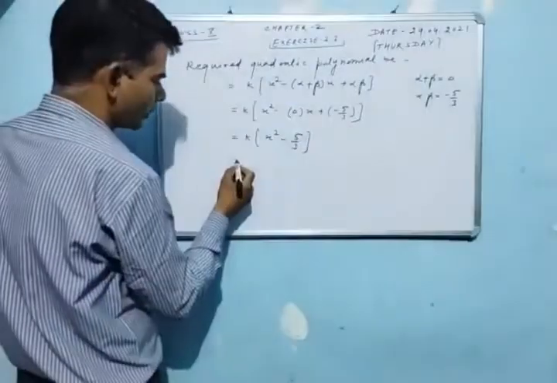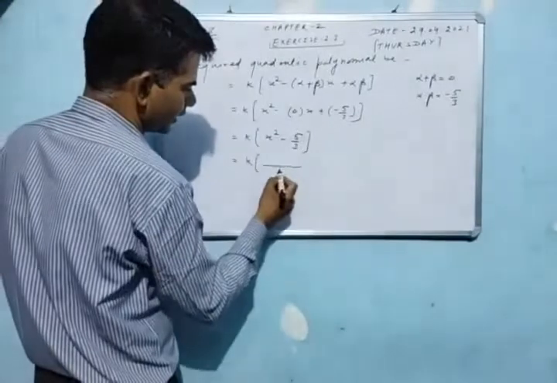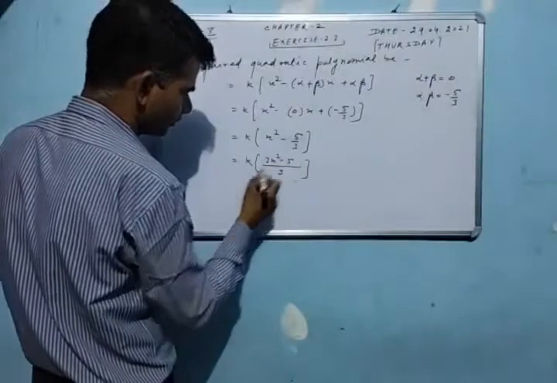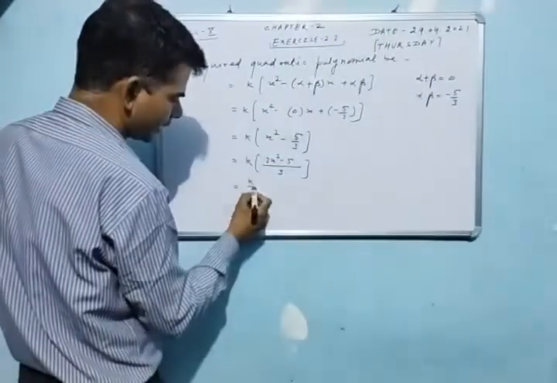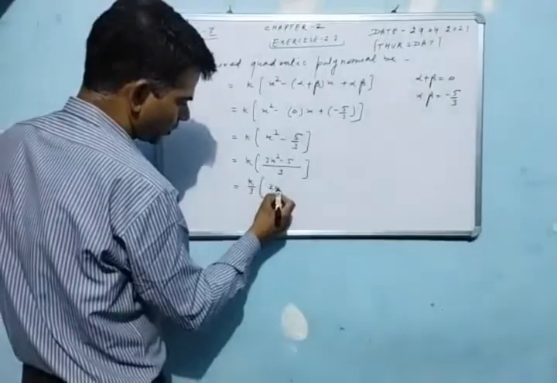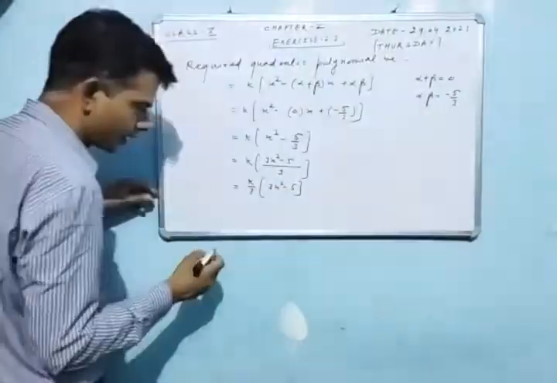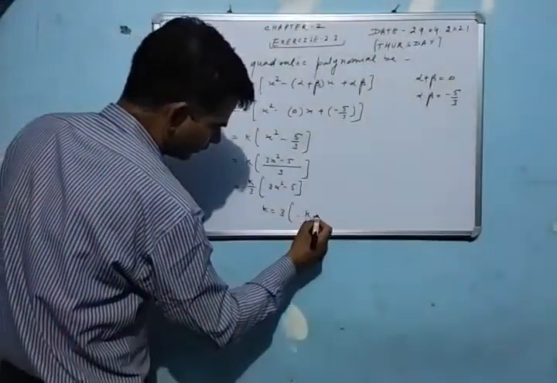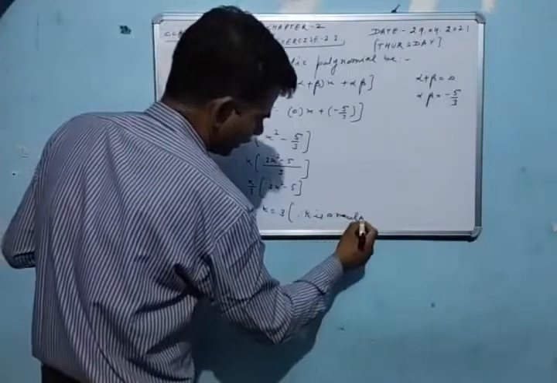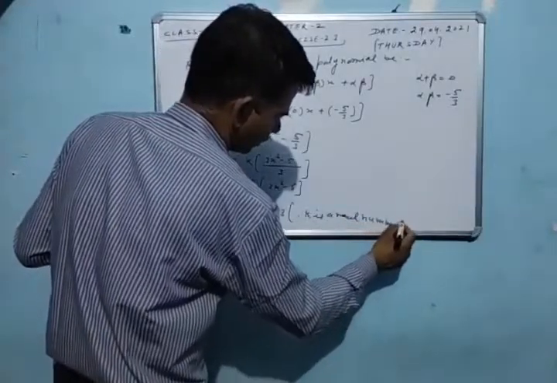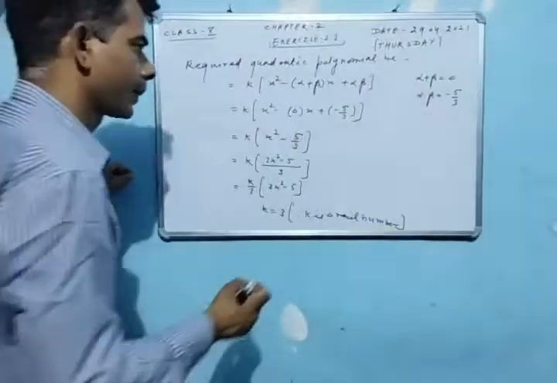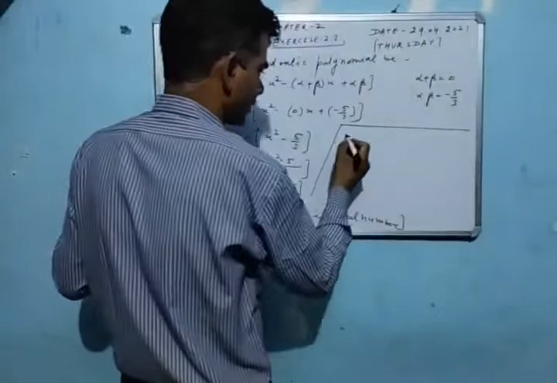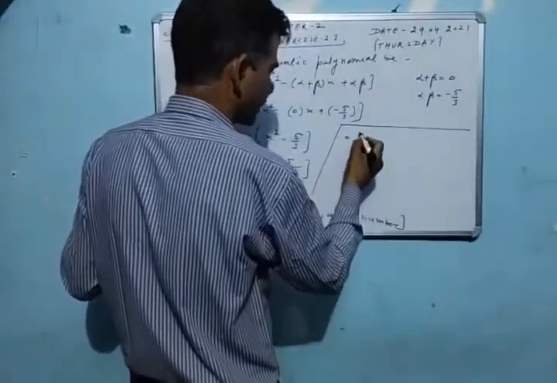Now students, to solve it, please take the LCM, that is 3. Now that will become 3x square minus 5. Now students, it can be written as k by 3, 3x square minus 5. Now students, k is equal to 3, where k is a real number. Now it can be written as k is 3 by 3.